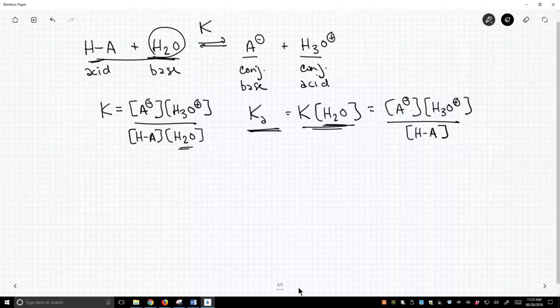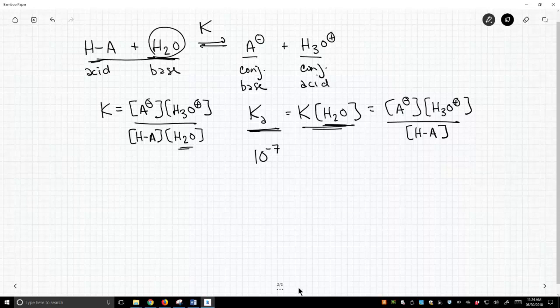Now, as it turns out, Ka values can really range. So if we look at this equilibrium, let's say our equilibrium constant is 10 to the minus 7th. Well, 10 to the minus 7th is a really small number. That means the reaction barely progresses at all.